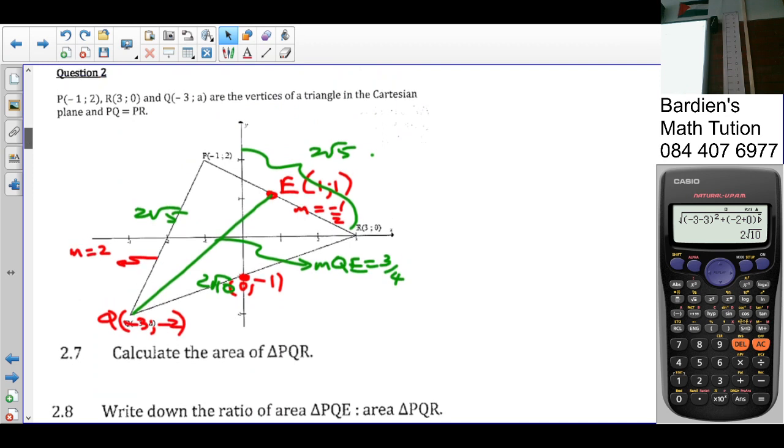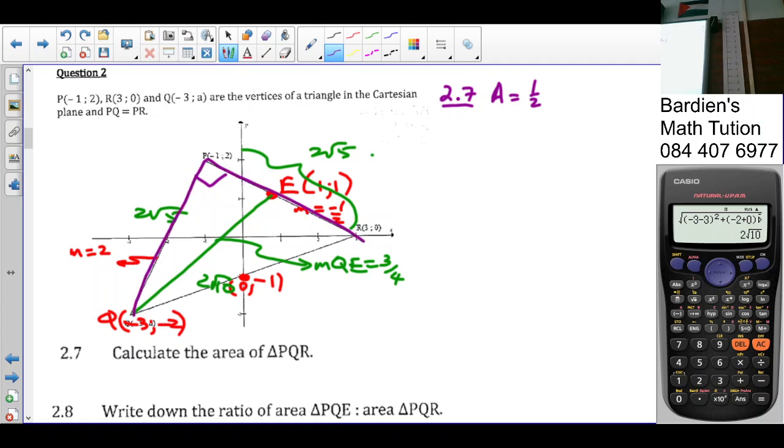Okay, so in question 2.7 they say calculate the area of triangle PQR. Now how do you calculate the area of a triangle? The area is equal to half base times height. Remember this is 90 degrees, we proved that to be 90. So this will be your base and that will be your height, or vice versa.